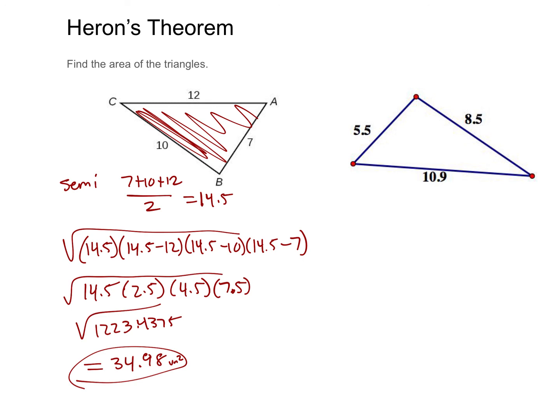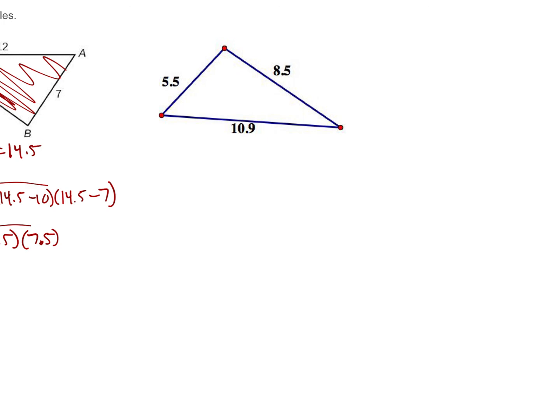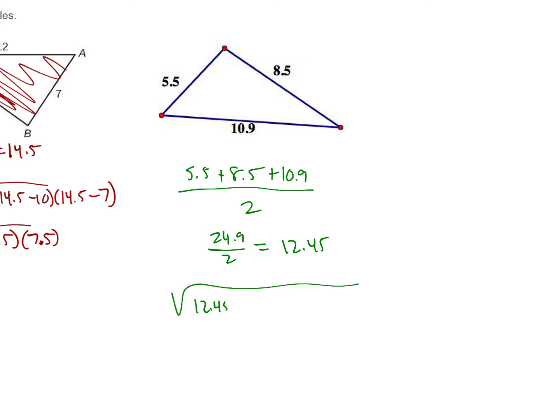Okay, this last one, big, long, ugly decimal. But that's okay. We're okay with decimals. So 5.5 plus 8.5 plus 10.9 is 24.9, divided by 2, 12.45. So now I do my setup, 12.45.